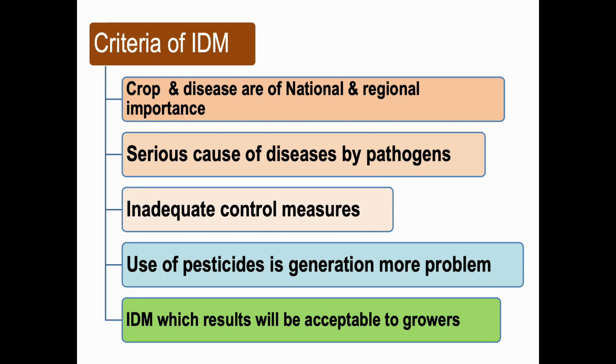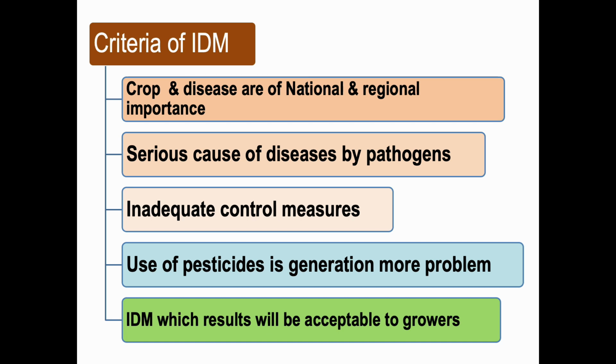There are a number of criteria for formulating integrated disease management approaches or strategies. Number one is that the crop and disease must be of national or regional importance. I mean to say, against all types of crops and all types of diseases, it is not necessary to formulate integrated disease management strategies. Secondly, serious damage caused by the pathogen, followed by inadequate control measures.